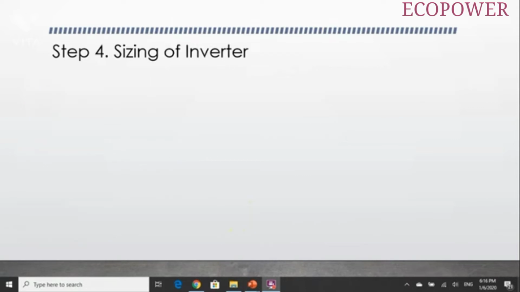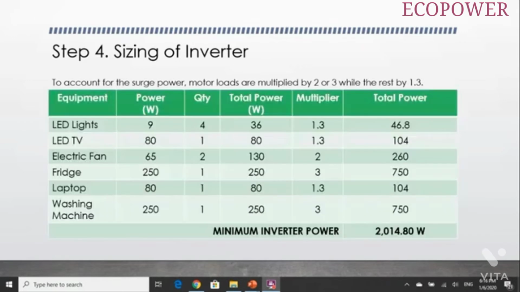Step 4, sizing our inverter. For an off-grid inverter, it is important to take into consideration the surge power generated by the load. For this, let us make a table similar to our load analysis, but instead of listing down the duration of operation, we will replace this by a multiplier.